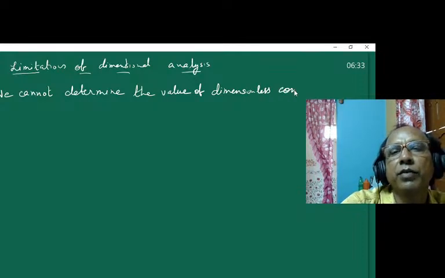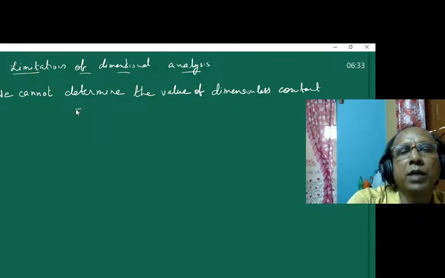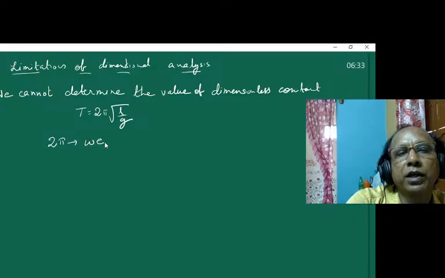For example, if I give an example to you, the time period of a simple pendulum is 2 pi root over L by g. This 2 pi is a number we cannot find by dimension.